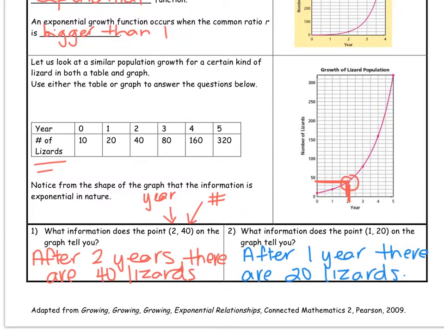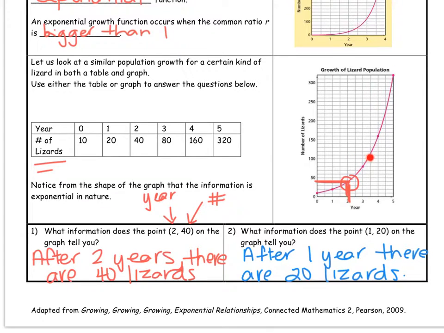So question 3 on the next page of your notes asks, when will the population exceed 100 lizards? So we want to know, when will the population exceed 100 lizards? So here's 100. We want to know at what time it is going to be more than 100.